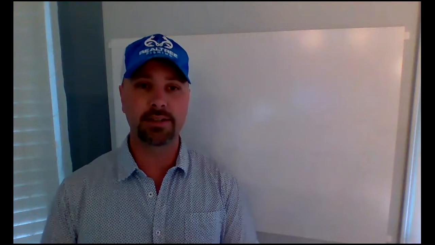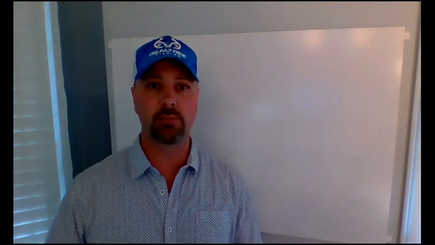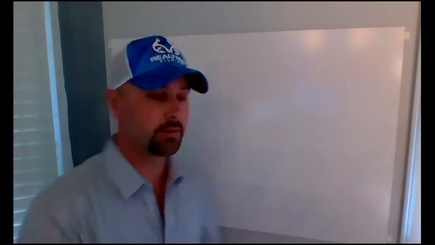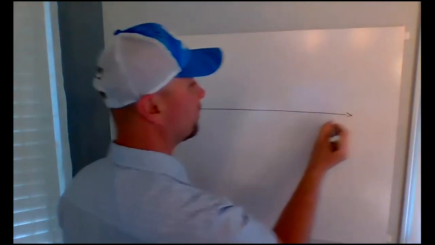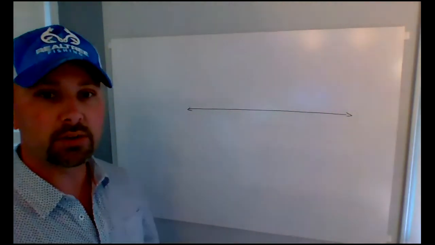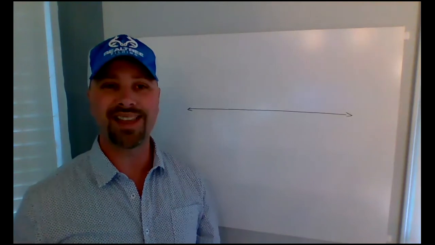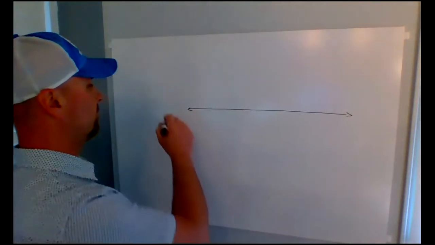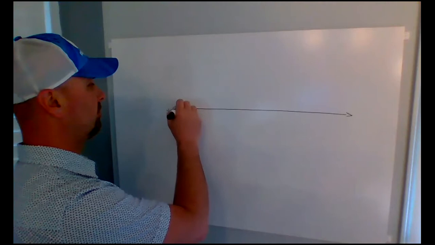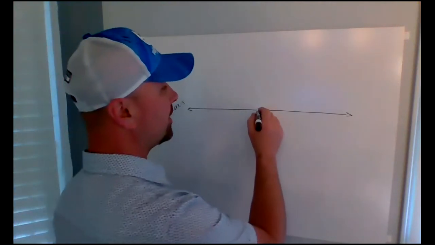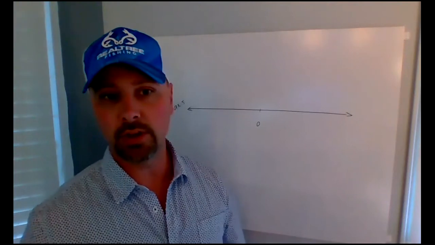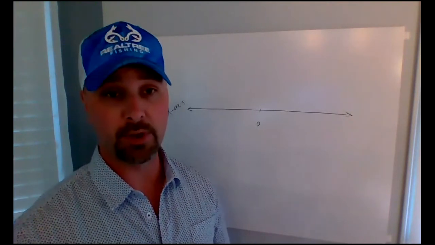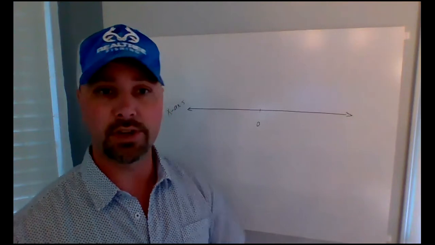A coordinate grid is basically two number lines stacked on each other, perpendicular, like this. We have a horizontal number line. We call that the x-axis. And if you remember from our earlier unit in algebra, in the number line, there is a negative side as well as a positive side.